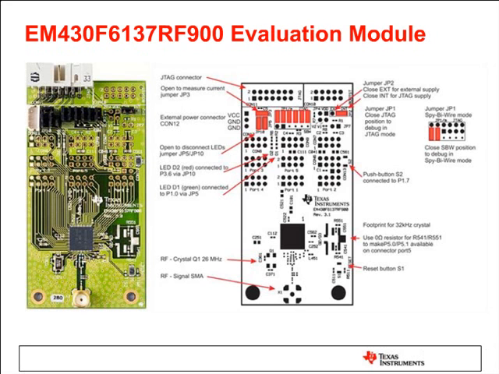You have the example for the whip antenna, the reference design, schematics, layout. We got it all. You can measure the current consumption here using one of these pins. You have access to both the BSL as well as the JTAG. And so that's the tool you'll be using.